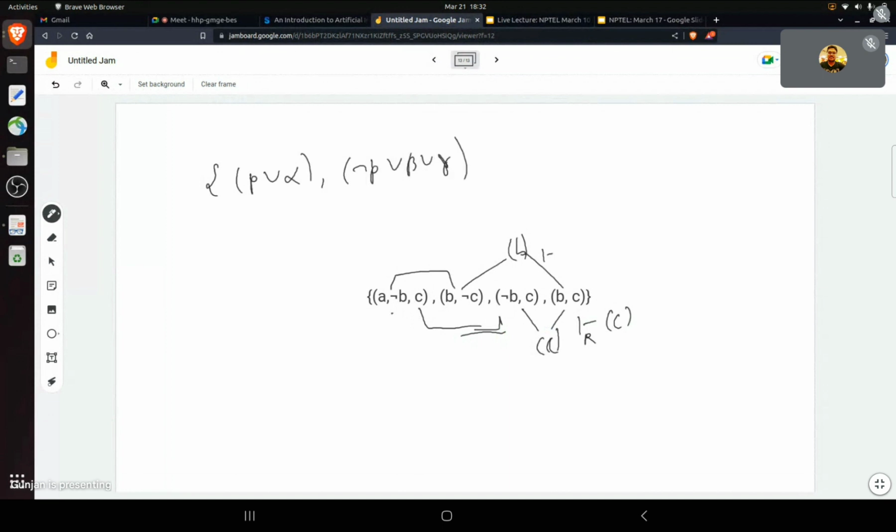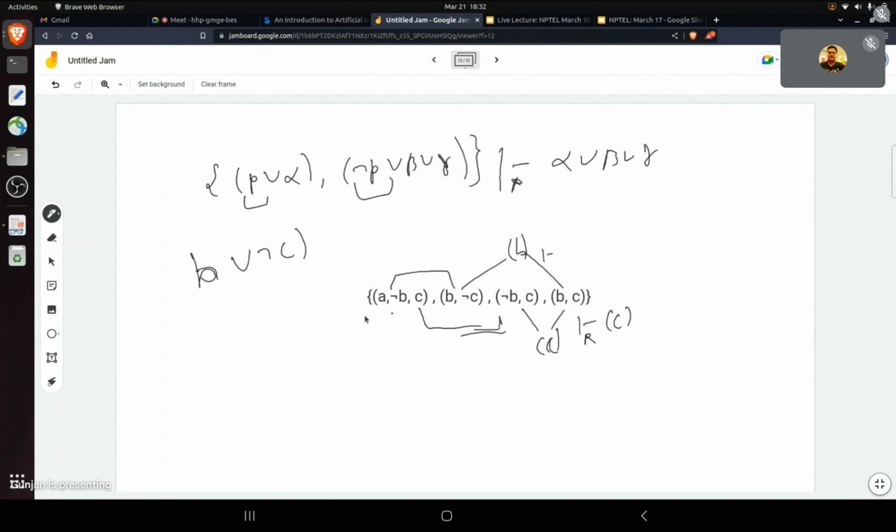Now negation of B or not C is not B or C. You have to see that this is your P and this is your not P. If only this is there, from here you can resolve alpha or beta or gamma. Otherwise, you cannot resolve alpha, beta, gamma out from the condition.